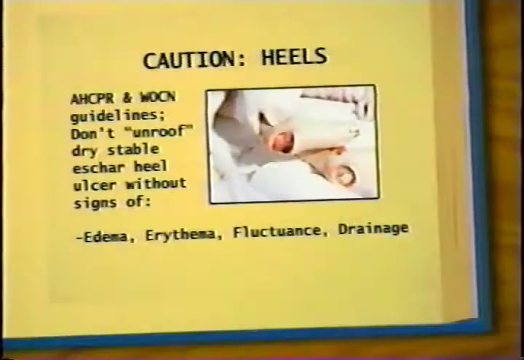Well, once again, the AHCPR clinical guidelines recommend assessing heel eschar for signs of instability. These signs of instability include edema, erythema, fluctuant or fluid wave, as well as drainage. If none of these signs are present, the clinical guidelines recommend that you leave the heels alone.